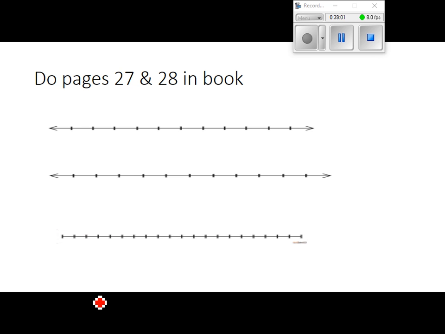Flip over to the next page. On the next page at the top, example 2. Draw that on your third number line there. Draw that number line on that third number line.